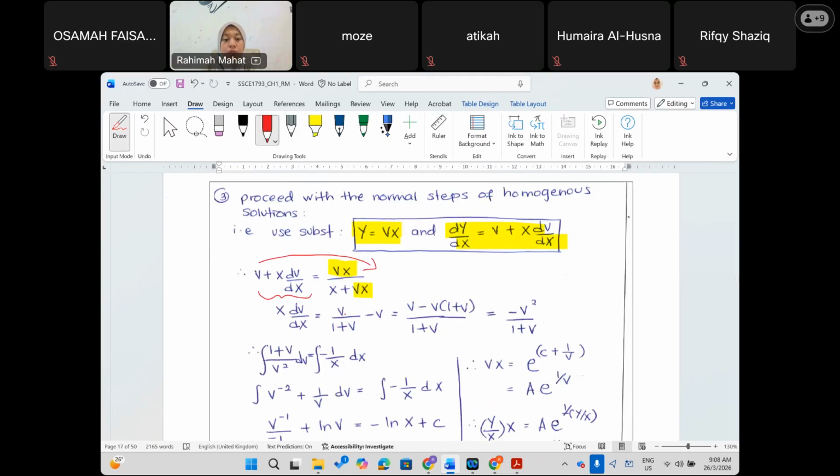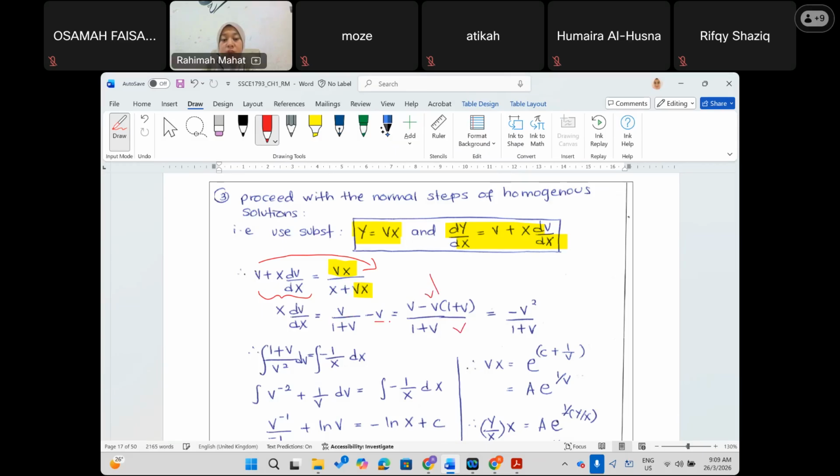So you will get v, and you can cancel the value of x. You do the factorization, you can cancel, so we get v over 1 plus v minus v. Okay. And then you can combine this one, simplify. You can get this step.